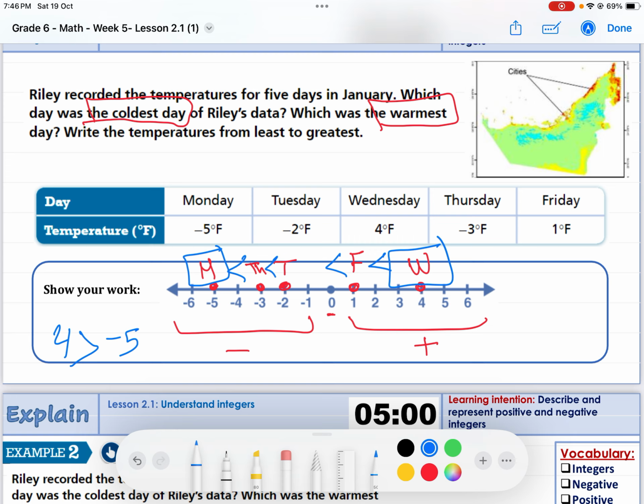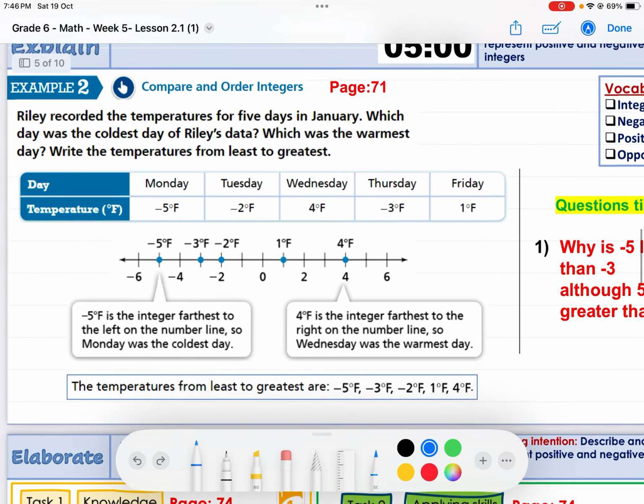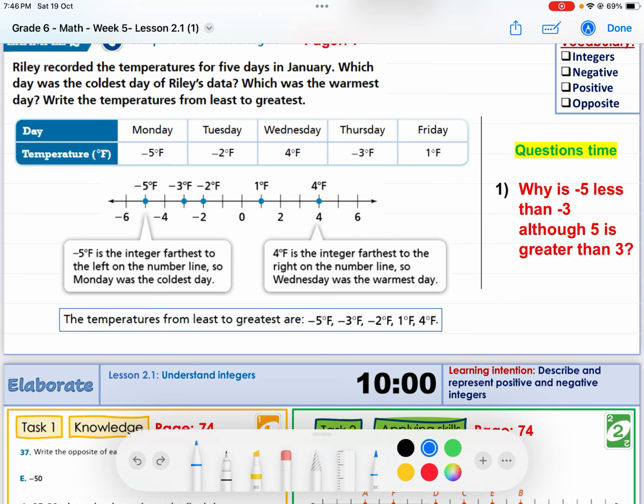Using the number line, I ordered my integers from coldest to warmest, from least to greatest. Okay, I hope it's clear. Let's move on, guys. Here's an explanation you have. So here they ordered the temperatures from least to greatest, same as what we did.